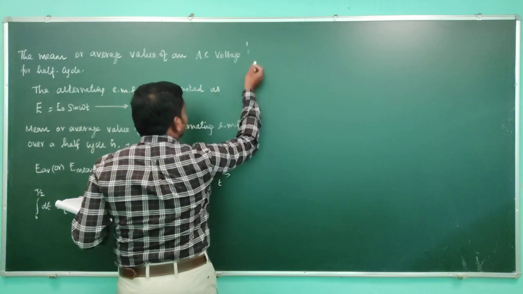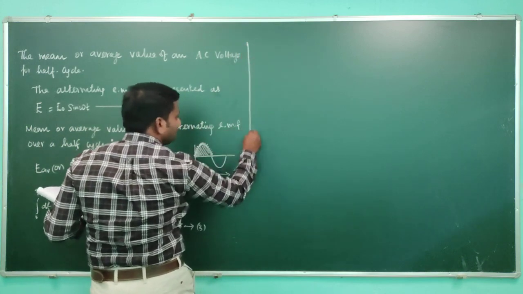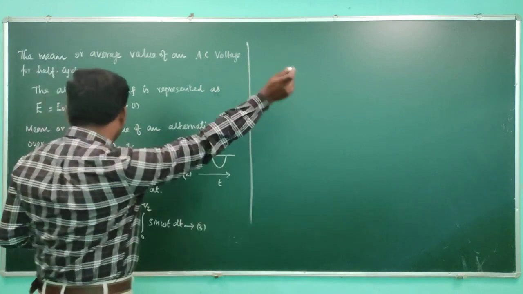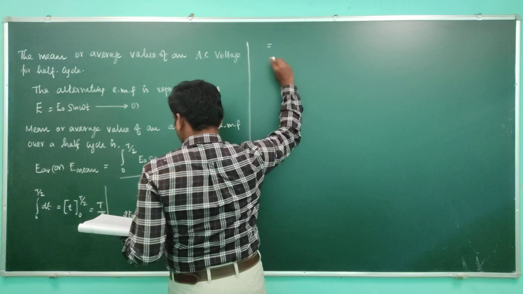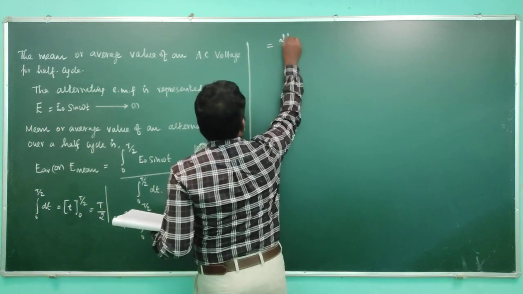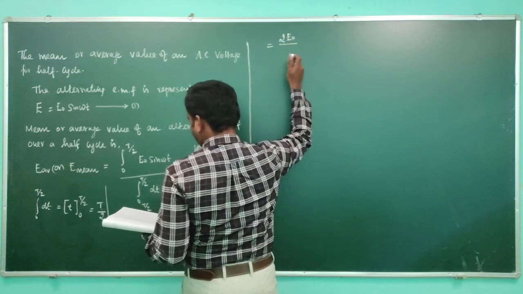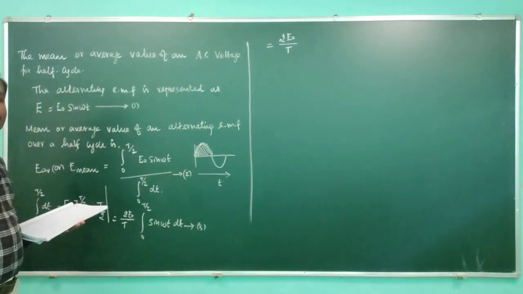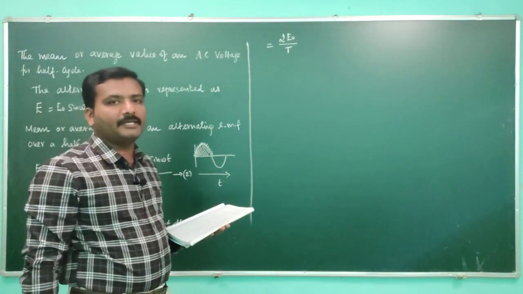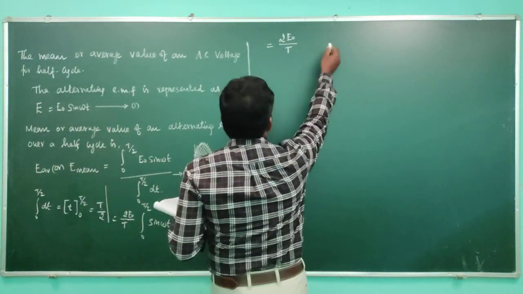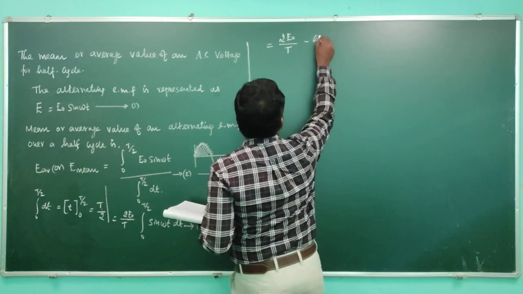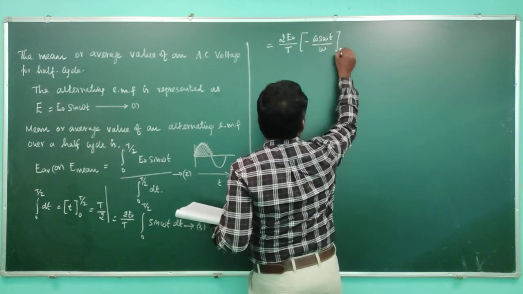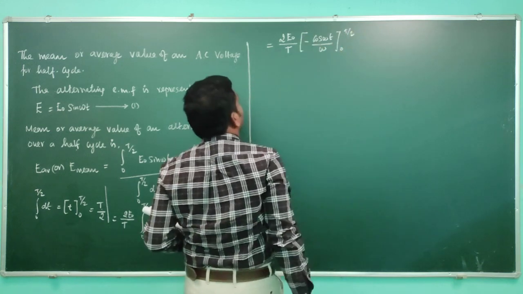Well, now this is equal to 2 E naught by T. The integral of sin omega t is nothing but minus cos omega t divided by omega. So this becomes minus cos omega t by omega, integral over 0 to T by 2.